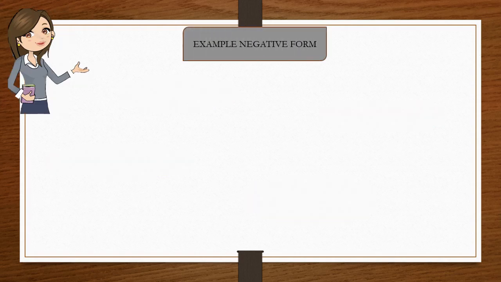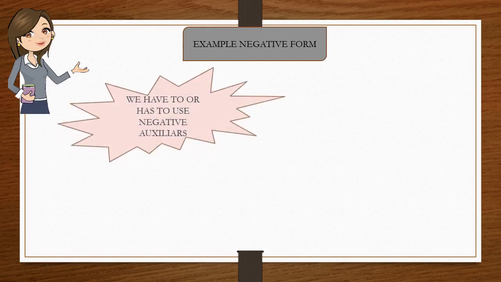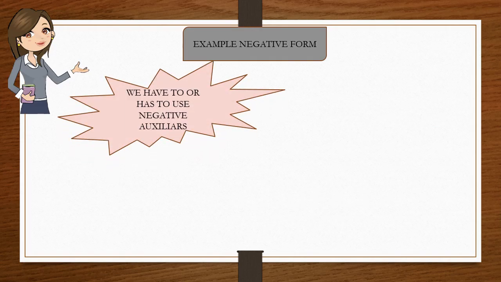Let's talk about examples in negative form. For that, we use have to or has to with the negative auxiliaries. And those are don't and doesn't.